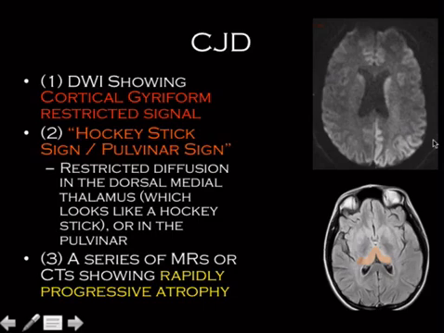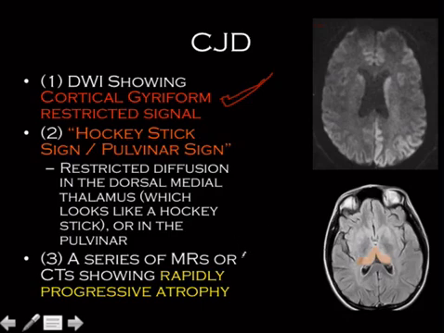Another way for it to be shown. If I was a betting man, this would be the way that I would guess that somebody would show it to you. If I was forced to choose a second way to show it, it would be the so-called hockey stick sign, where this medial thalamus has the appearance of a hockey stick, a high signal there.